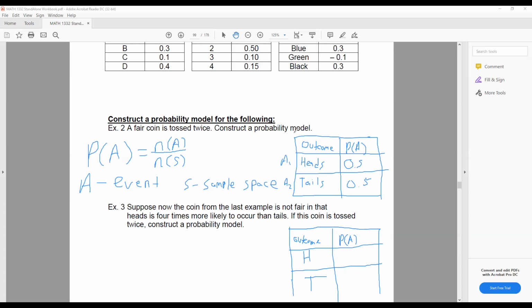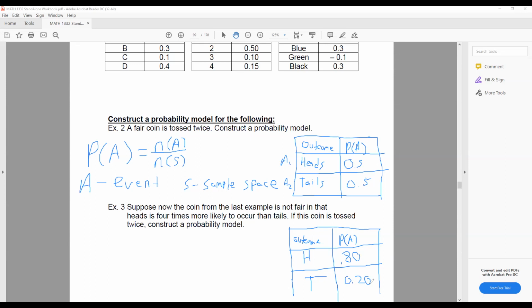All right. So heads is 4 times more likely. So I'm thinking if this is 0.8, this would have to be 0.2, right? Because 4 times 0.2 would be 0.8, and then they add up to 100. I was thinking 90, 10.